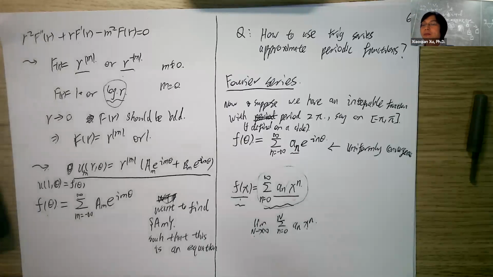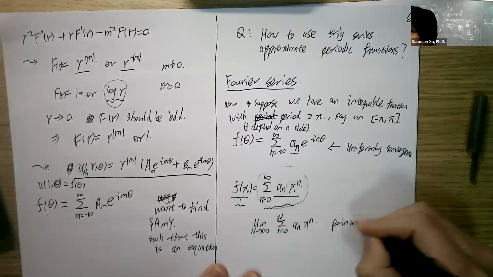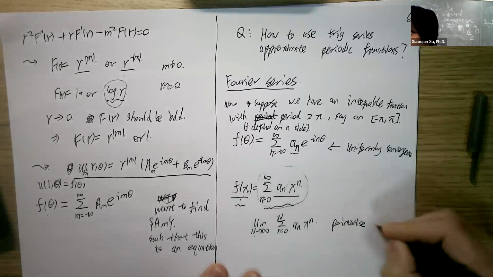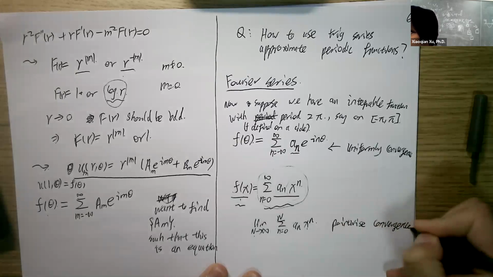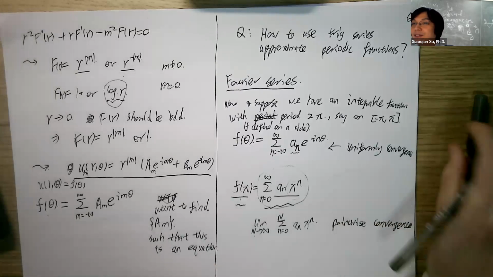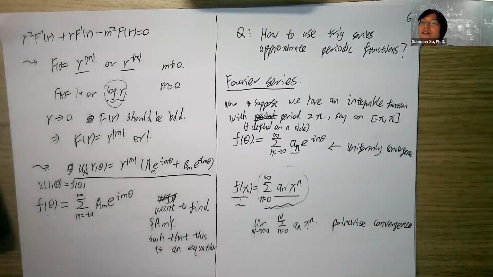Right? This is what you mean. This is the so-called pointwise convergence, which, just as it says, given x, I know this series converges after you give me the value of x. But this kind of convergence is not good enough.